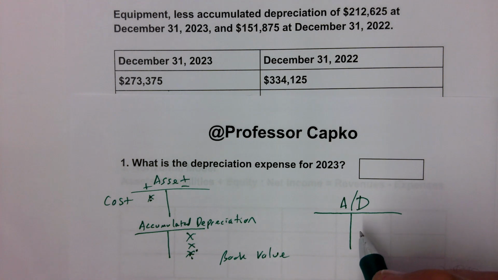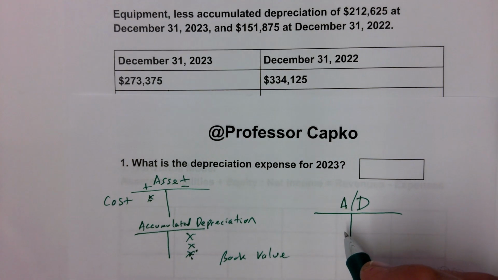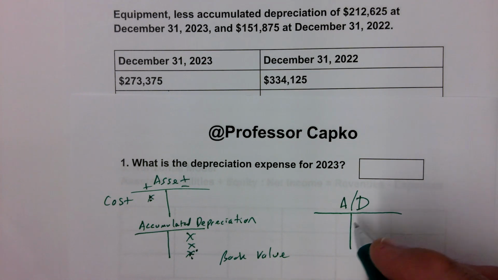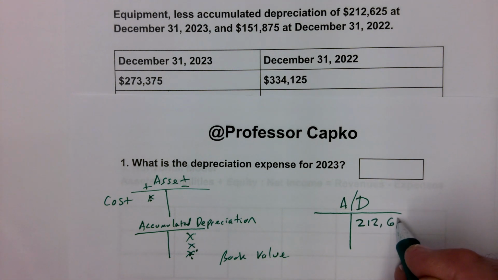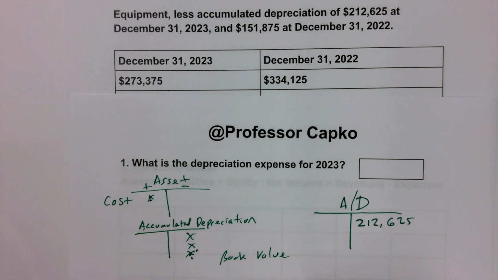So as of December 31st, 2023, it has a balance of $212,625. That's the balance. But the prior year, the balance was $151,875. That's the prior balance.